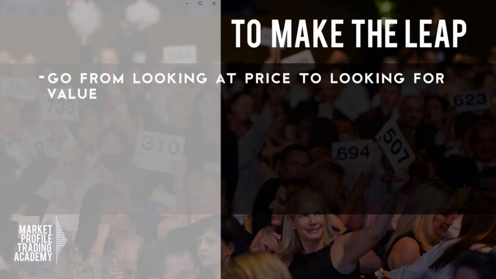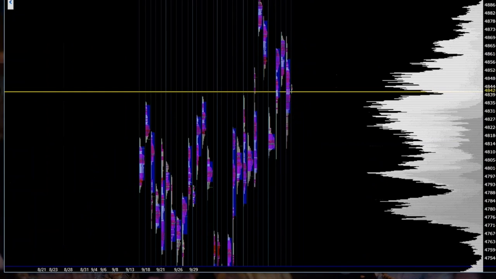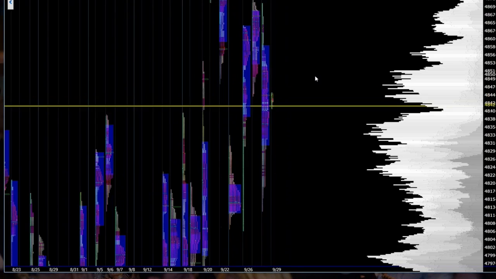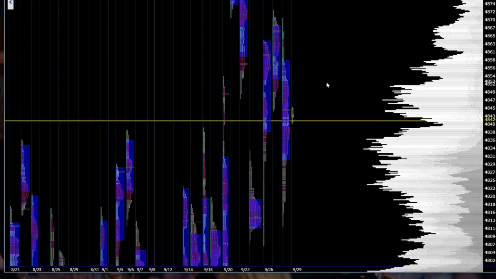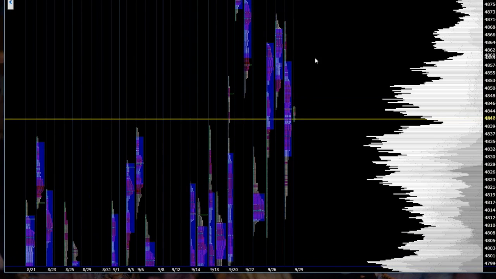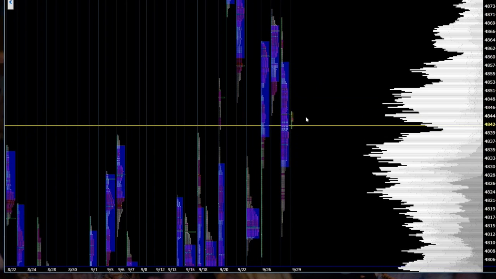So let's pull out here. We're gonna load, zoom in a little bit. This is a market profile chart with some really cool additional functions to it.